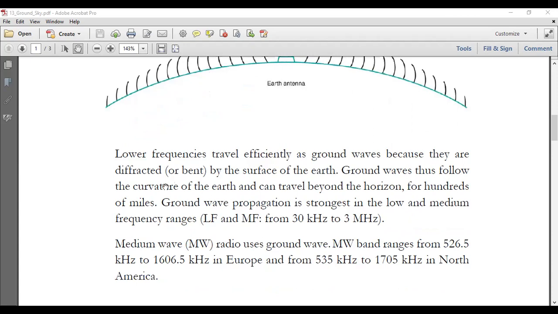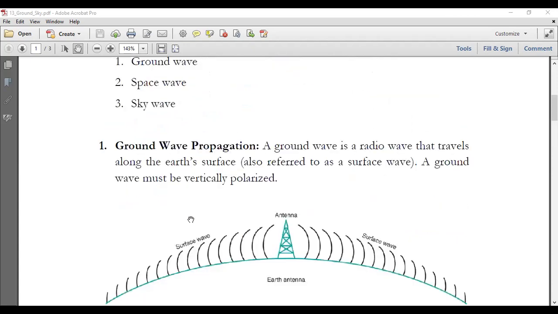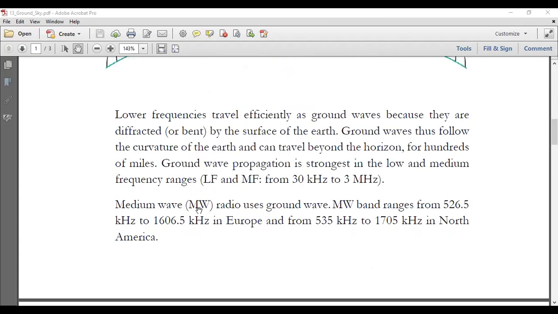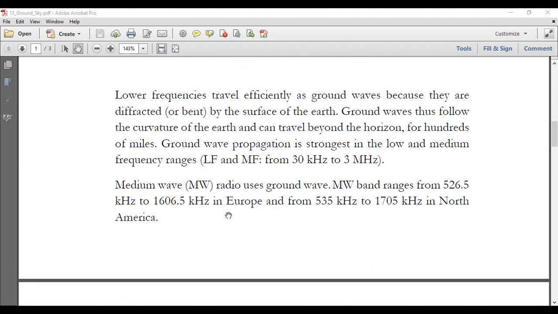The frequency range for this kind of communication, it is called ground wave propagation. The frequency is very low, okay, say 30 kilohertz to 3 megahertz. The AM radio broadcast uses this range.